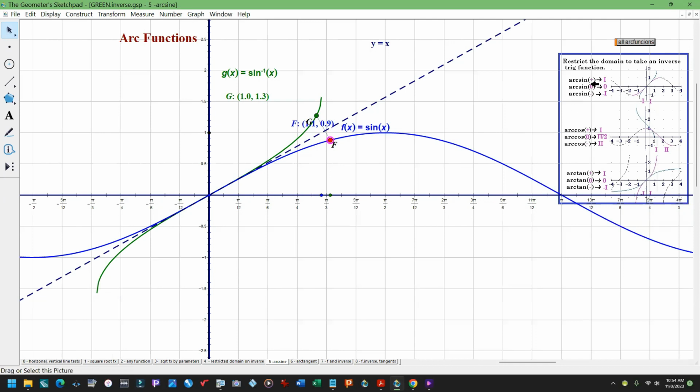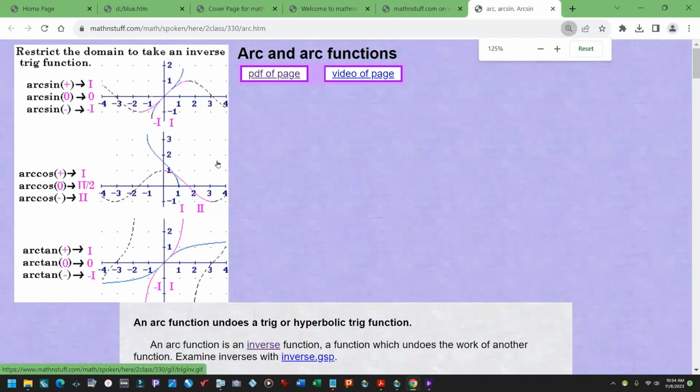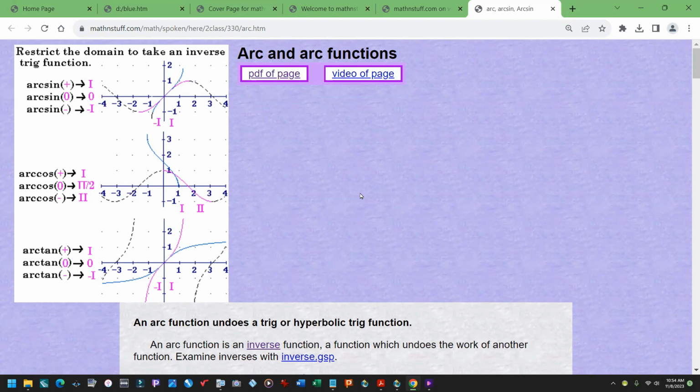So I have to have the ability to get answers for each of those things. That's why I drew this little picture over here. And let's look at the picture on the web page because it's bigger. The goal is to be able to undo a sine in order to find the angle whose sine you took.